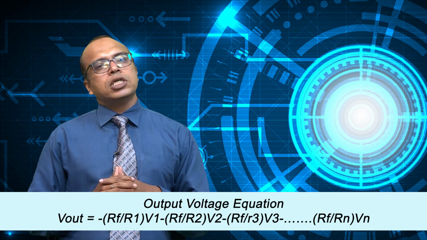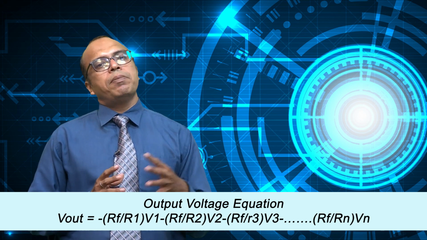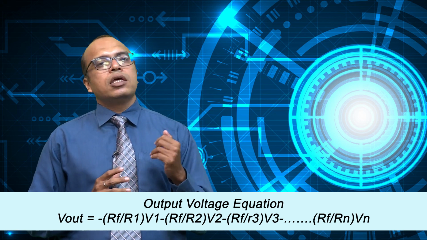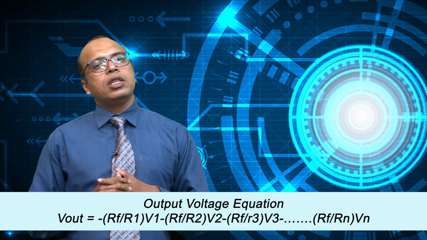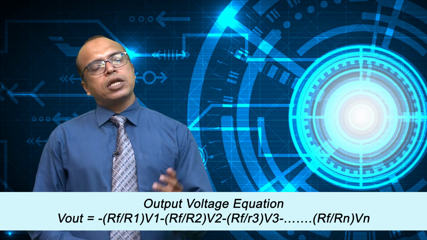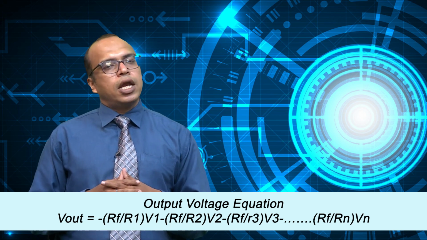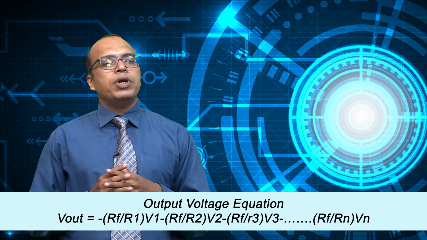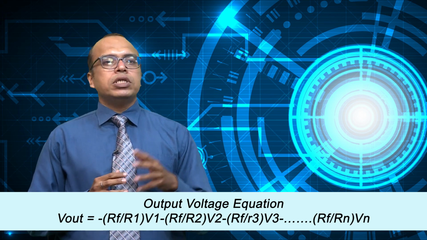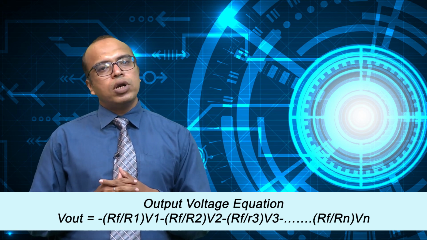In this equation, each input voltage V1 and V2 is multiplied by a fraction representing the relationship between the feedback resistor and the respective input resistor R1 and R2. The difference between these two terms is the output voltage, which represents the subtraction of the two input voltages.